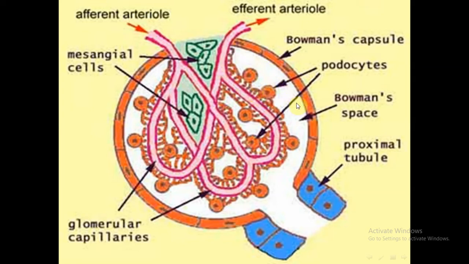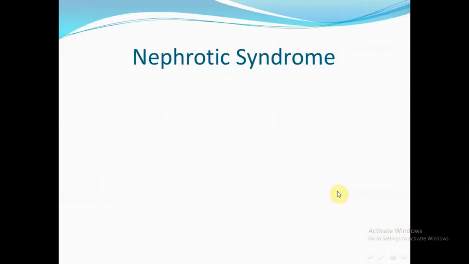In between we have the Bowman space, and here we have a meshwork of capillaries, and inside the glomeruli the cells are called the intraglomerular cells or mesangial cells. Here we have the efferent arterioles and the proximal tubules.